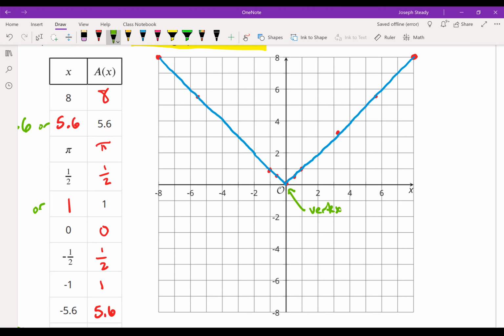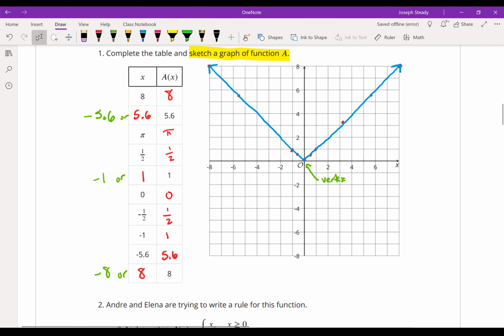So this V shape, not just a bunch of points that make a V, this V-shaped line or set of lines is what an absolute value function looks like. And this goes on forever. I could plug in 1,000,000 or 10 billion if I wanted to, really big numbers, positive or negative, and it will keep going to the left and to the right.